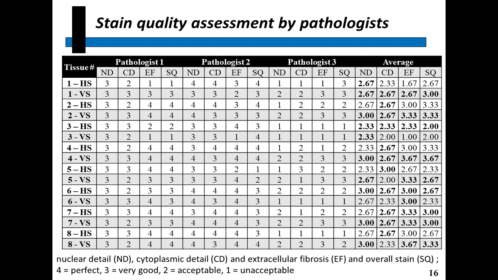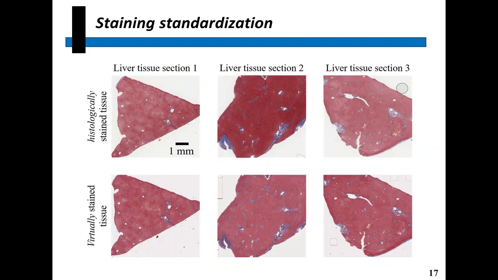And we were very happy to learn that there was, again, no specific preference to either the virtual or histochemical stain. In fact, most of the pathologists liked the virtual stain more than the histochemical stain.